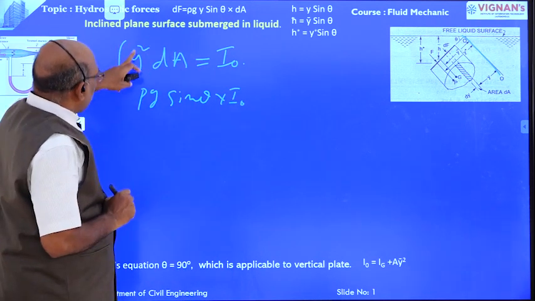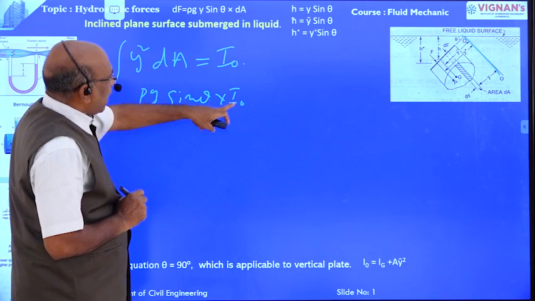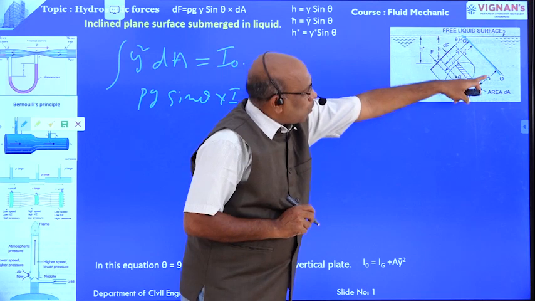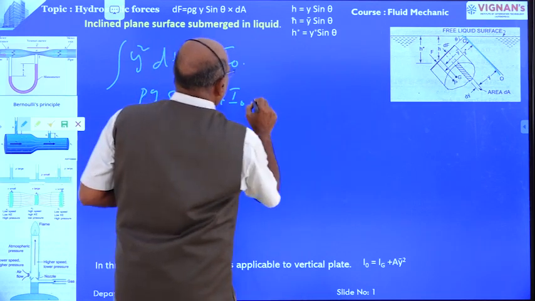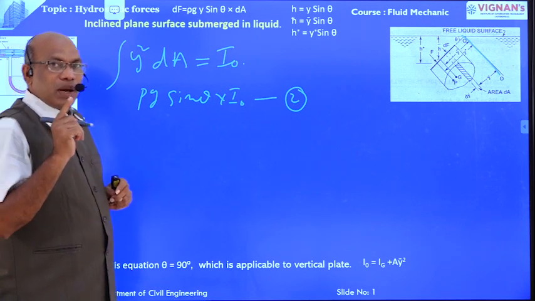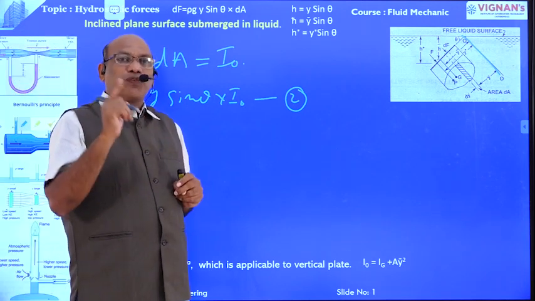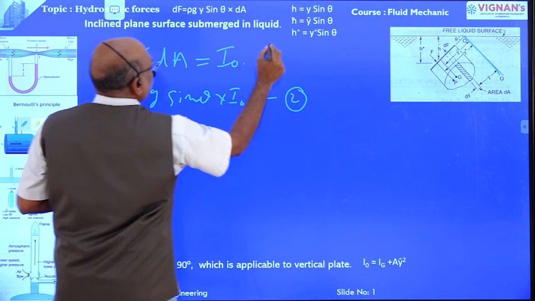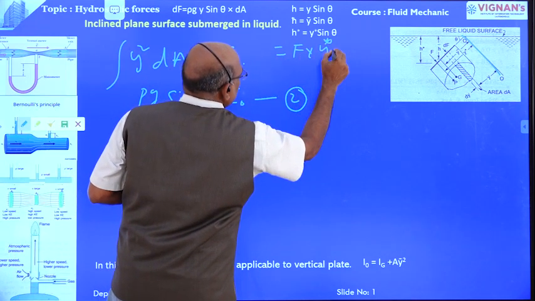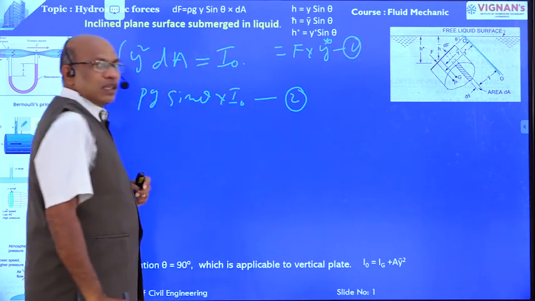In place of integral y square dA, we take I0, the moment of inertia about the axis OO. This is equation number 2. Already we have derived equation number 1: the moment of resultant force is equal to F into y star.